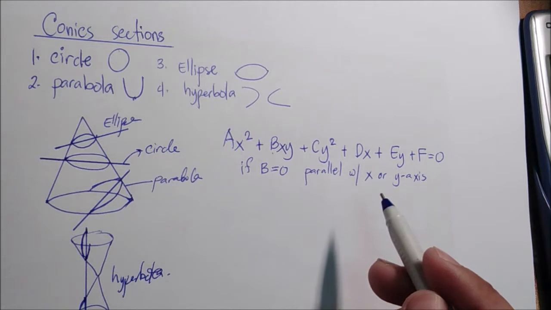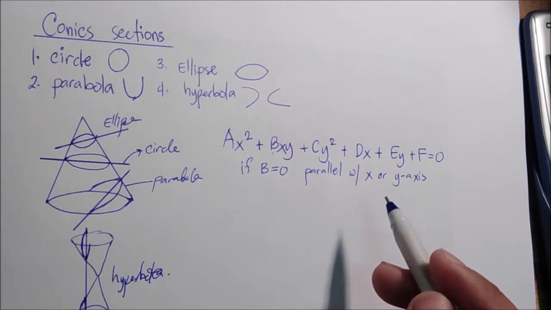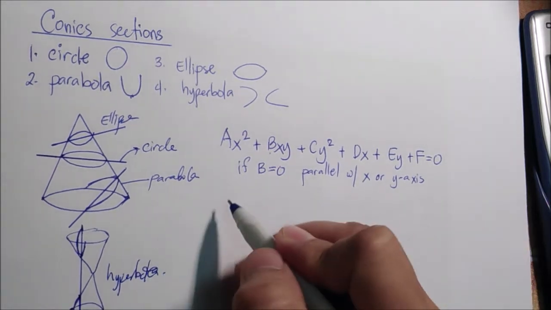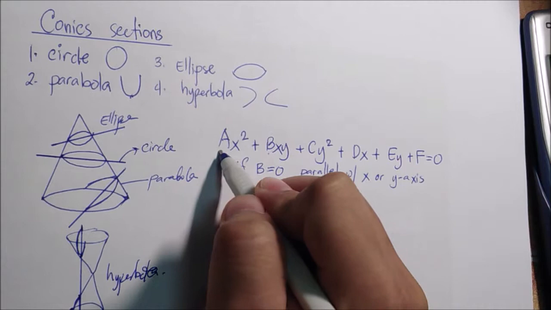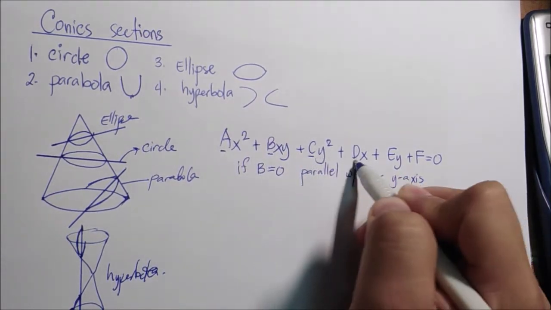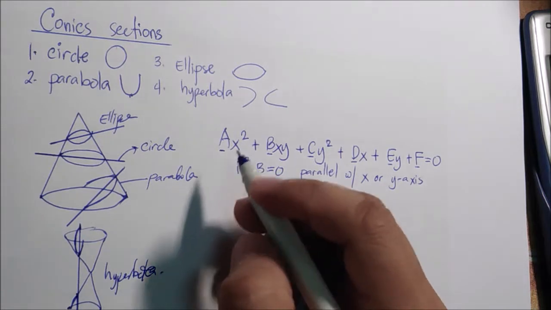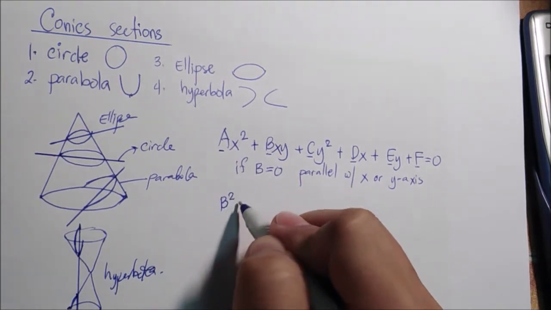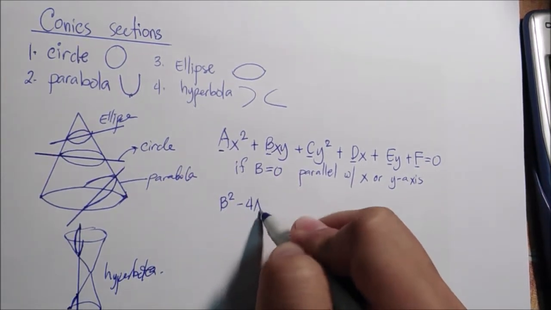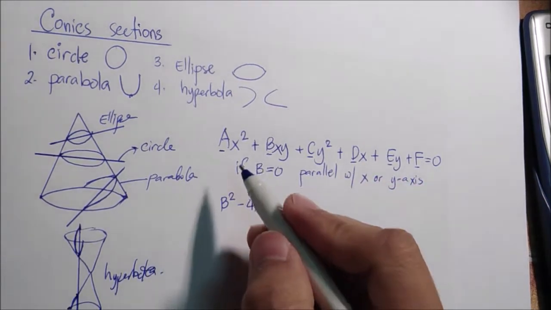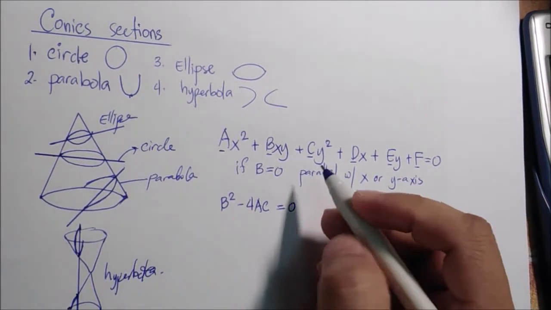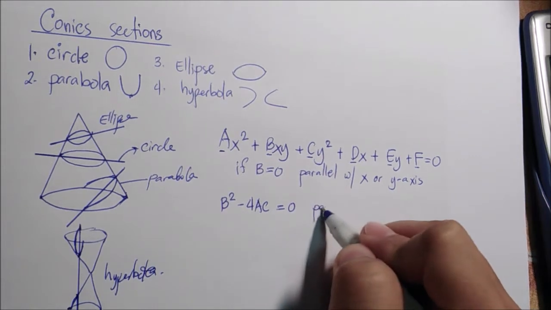Now, how do we determine if the equation is a circle, parabola, ellipse, or hyperbola? Taking the values of a, b, c, d, e, and f, if b squared minus 4ac is equal to 0, then this is a parabola.